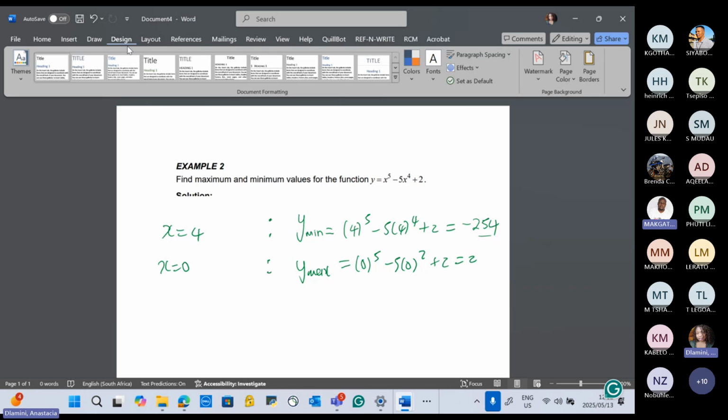So x equals 4 is a minimum, and x equals 0 is a maximum. x equals 4 was easy to show. For x equals 0, we had to differentiate and differentiate and differentiate to see.